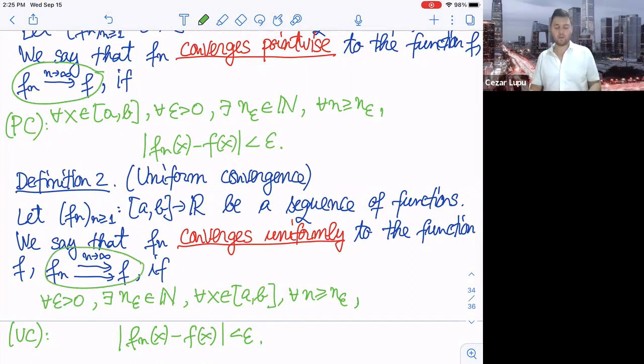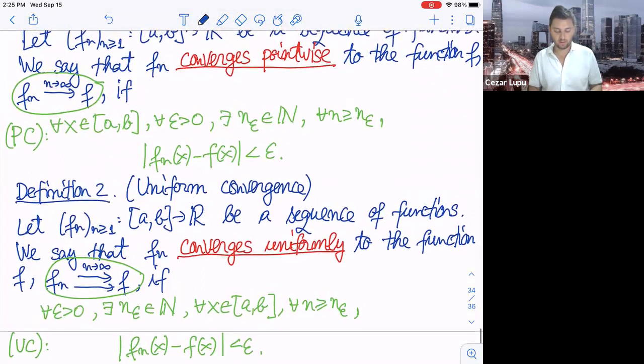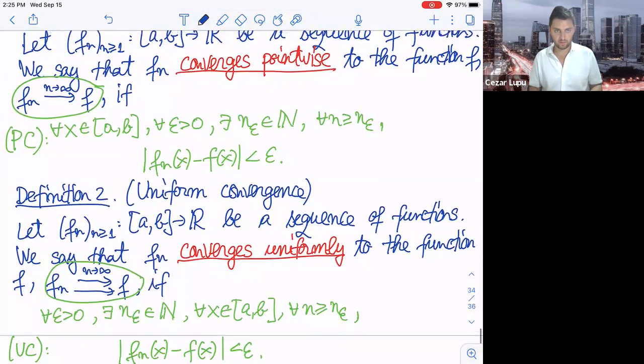I would like you to look at the two definitions, and you'll see that there is a slight difference between these two. So let's answer this question, because this is a very important question. Let me just stare at this for a couple more seconds.